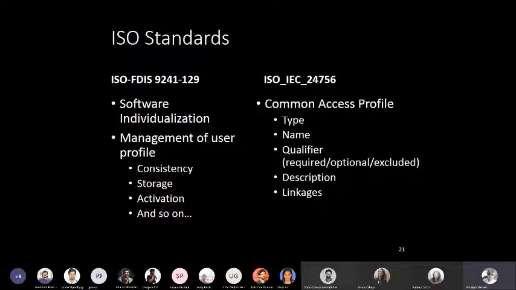All profile details, say for example the length and width of a virtual keyboard, or the modality of interaction, whether it will be voice based or keyboard based, are described through the type, name, qualifier, that is whether it is required, optional, or can be excluded, the description of the access profile, and the linkage by which it creates this hierarchical structure among different user interface elements.